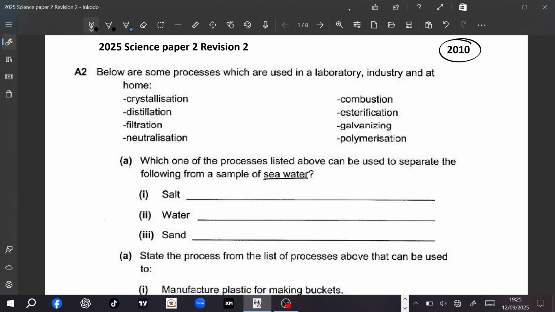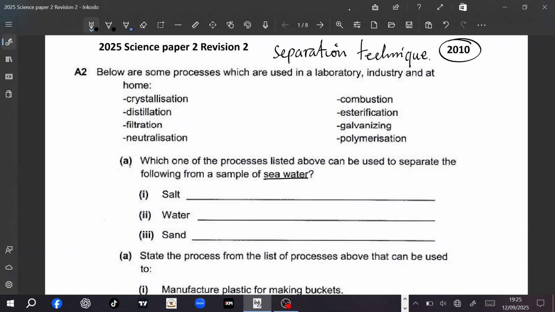When we are looking at this question, first of all, we must understand where it is coming from. It is coming from a topic known as separation techniques in chemistry. If you are unable to identify the topic from which the question is coming, it is hard for you to answer the question, in my view.